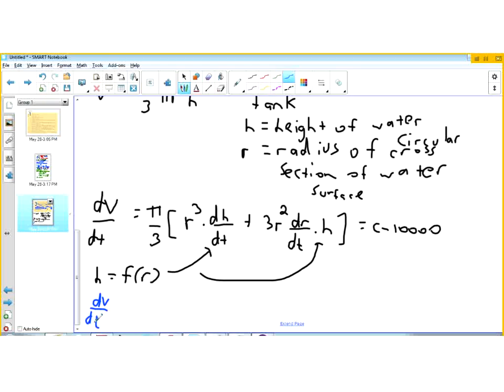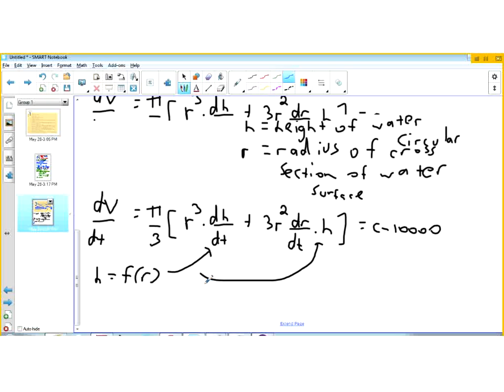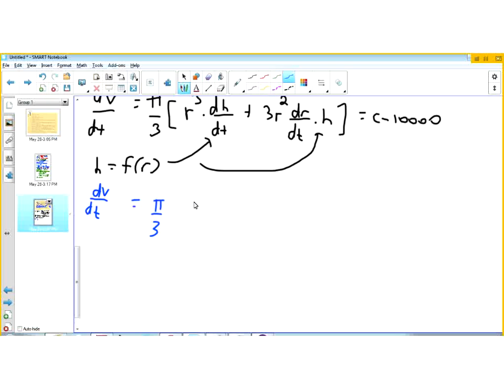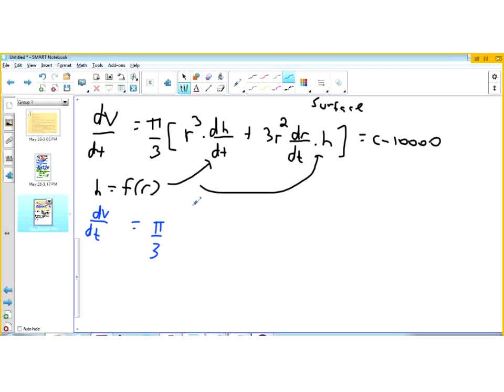So we have the change in volume with respect to time is equal to pi thirds.